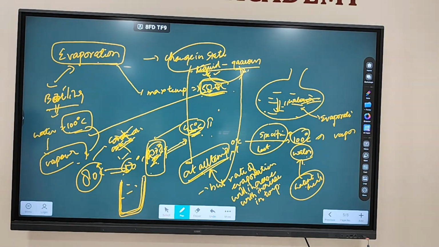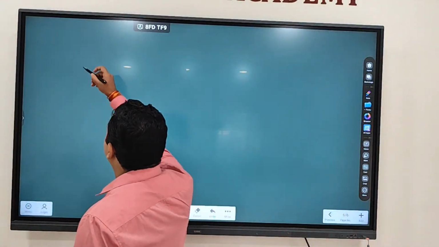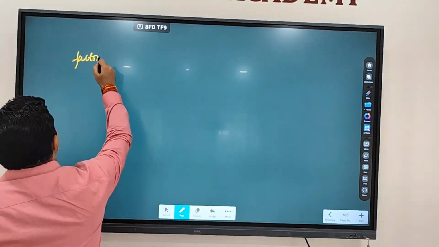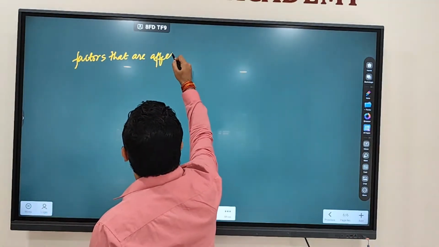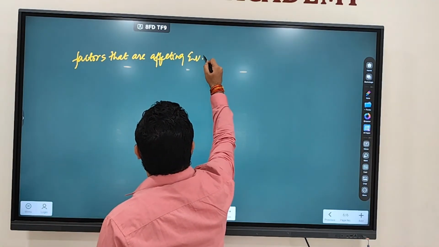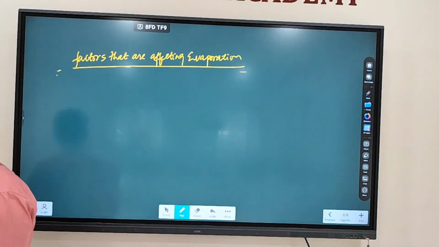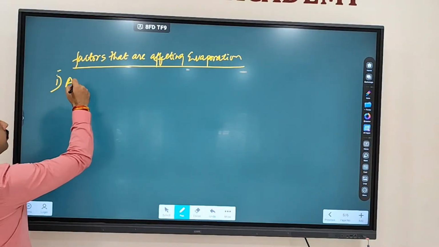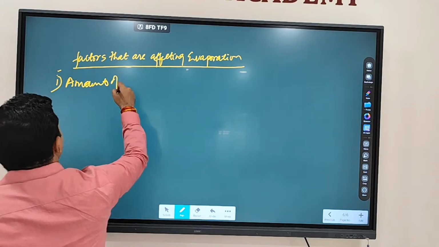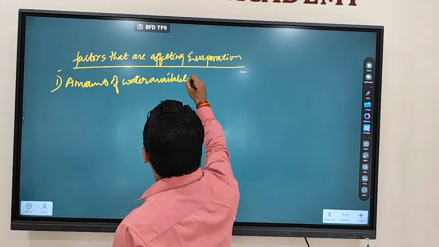Now, what are the factors that are affecting evaporation? The first factor that will determine evaporation is the amount of water available.